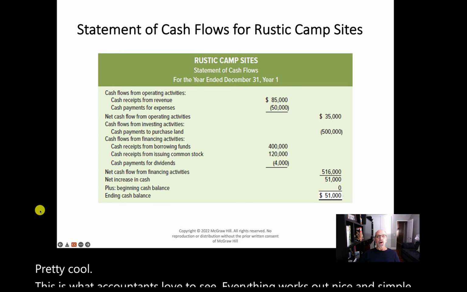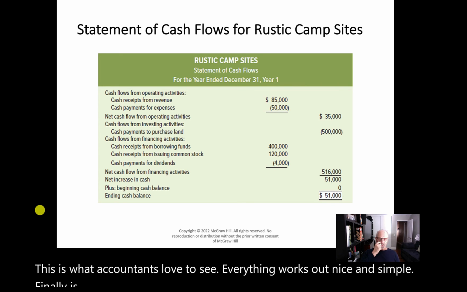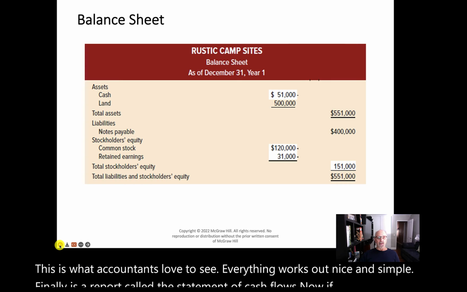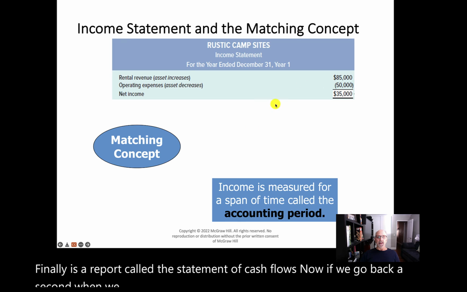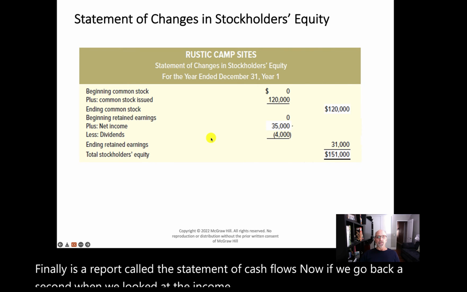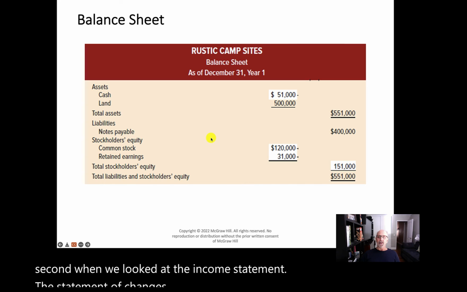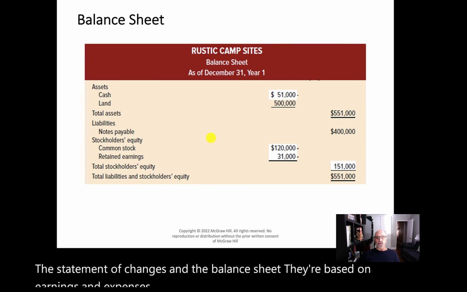Finally is a report called the Statement of Cash Flows. Now, if we go back a second, when we looked at the income statement, the statement of changes, and the balance sheet, they're based on earnings and expenses, things that we earned and expenses we incurred, not necessarily cash.